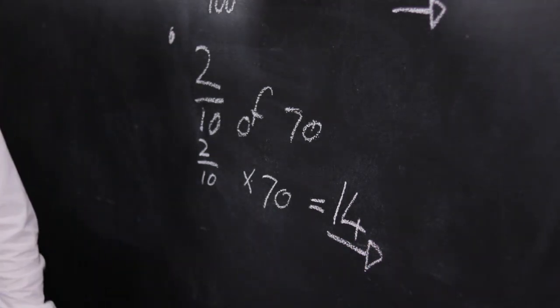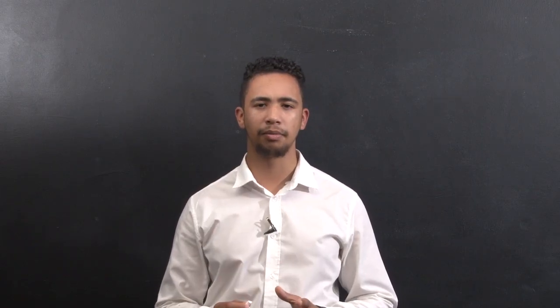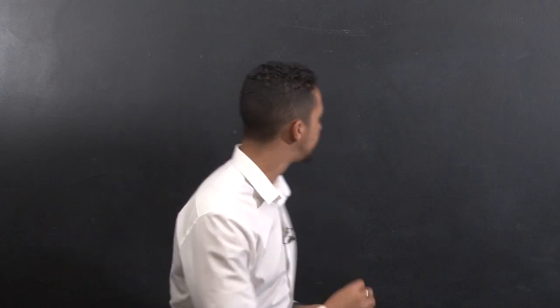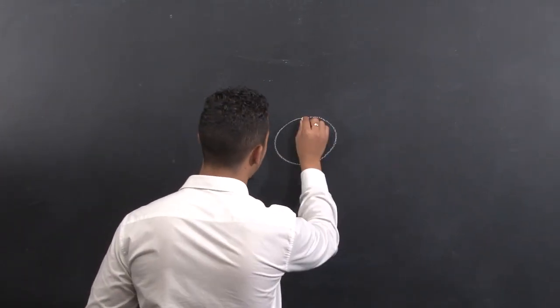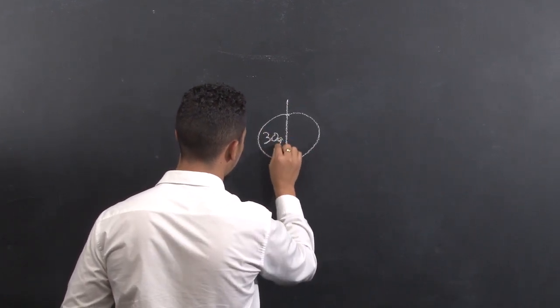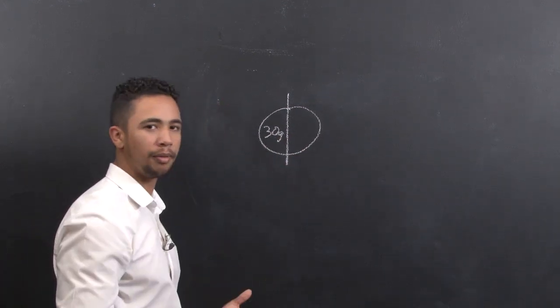That is your answer. So in our final example, if half of our cupcake is 30 grams, how heavy is the whole cupcake? Let's draw this out. Here's our cupcake. Half of it is 30 grams. How heavy is the whole thing?